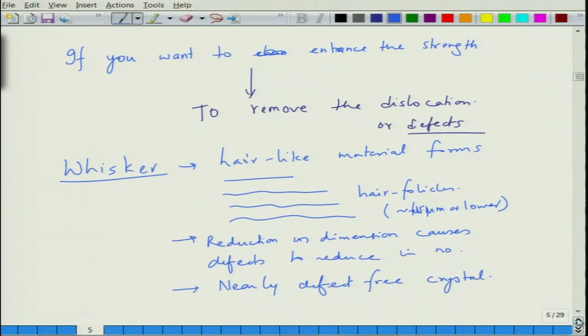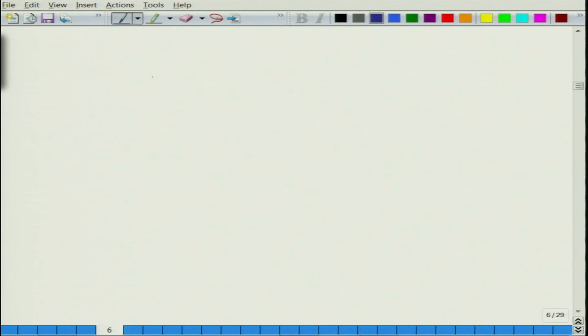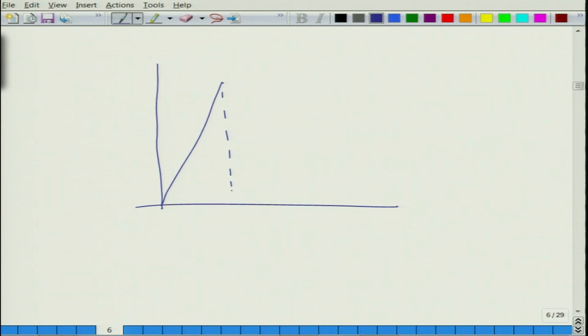So when it is a defect-free crystal, if you conduct, for example, a stress strain test, so this is a stress strain curve on a whisker, and when you apply the stress, you reach a strength of the order of, let us say, 700 MPa, which is close to 1 GPa, very high strength.